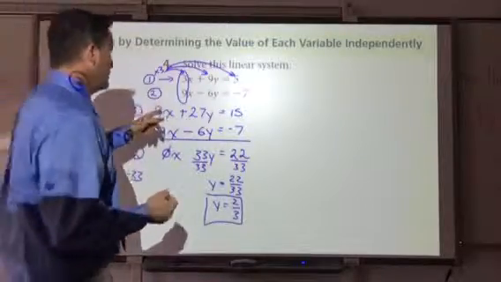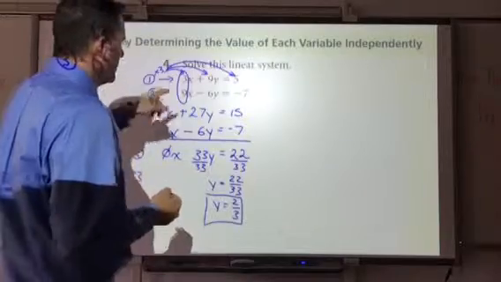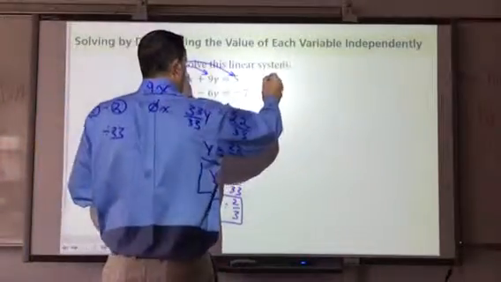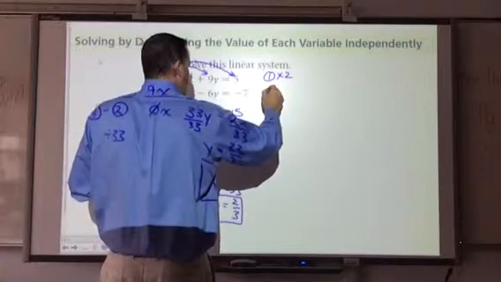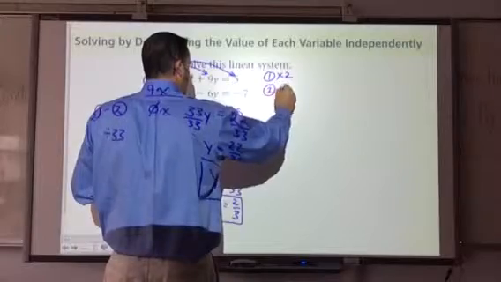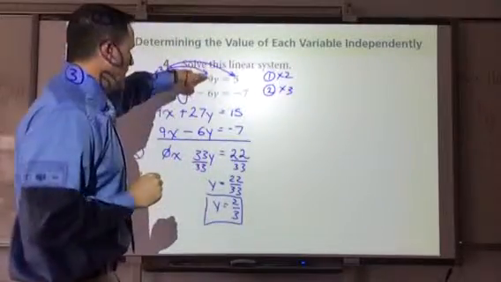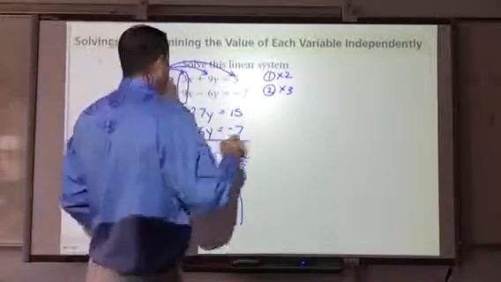So what I'm going to do now is multiply equation 1 by 2 and equation 2 by 3. What's going to happen is that's going to give me an 18 in front of my y and an 18 in front of my y down here.